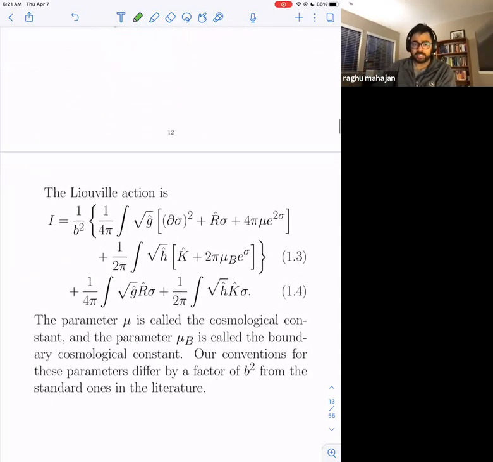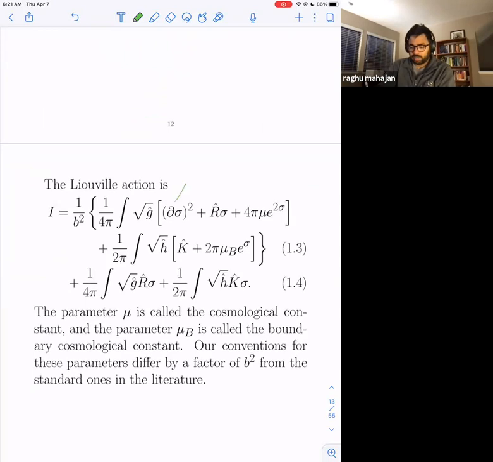And here is the action. So we just have a kinetic term that looks like a kinetic term for a scalar, but there is a coupling of the scalar to the background Ricci scalar and the cosmological constant term. This is sort of the only important thing. The other two lines are just some boundary terms with k, and also some order b to the 0 terms in the action, which you need to keep, because that's the accuracy to which we are working at.